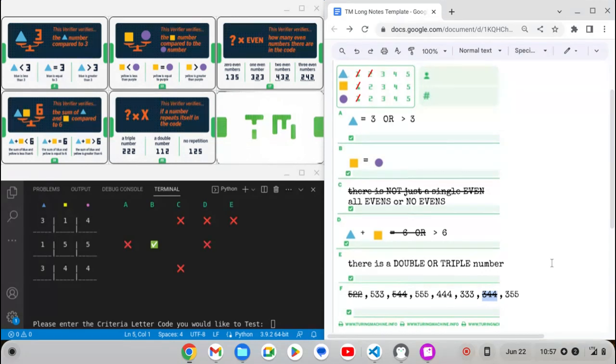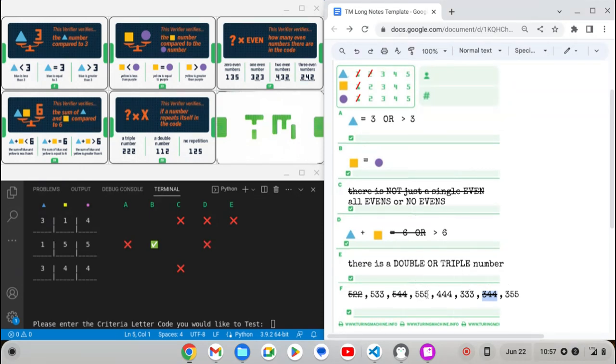Goodness, I'm totally going to get this on the Turing machine. Okay. So let's see, what can we say about if it starts with a 3 or starts with a 5?